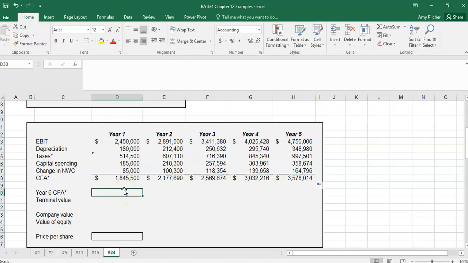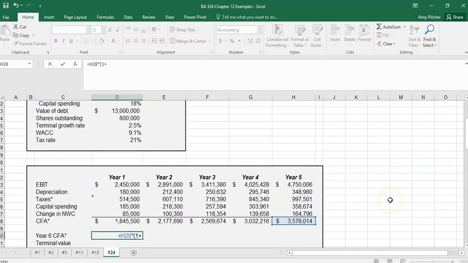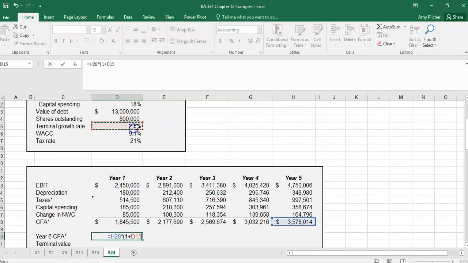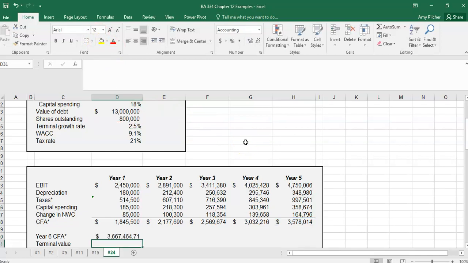So year 6 cash flows from assets, we take our year 5 cash flows from assets times 1 plus, and for this one we use our terminal growth rate. So there's only so much we can grow.